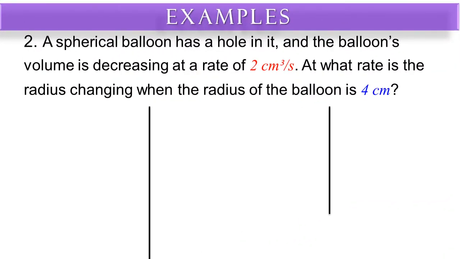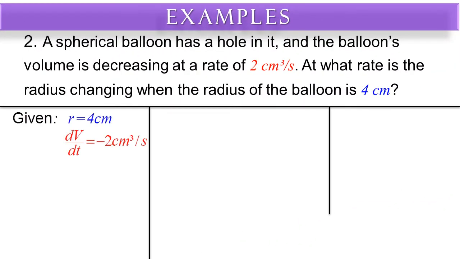So example number 2. Here the given is r equals 4 centimeters, and the change in volume over the change in time, dV/dt, is equal to negative 2 cubic centimeters per second. As we all know, a spherical balloon is a sphere, so the volume is V equals 4/3 pi r cubed. And we have to find dr/dt, or the change in the radius over the change in time.